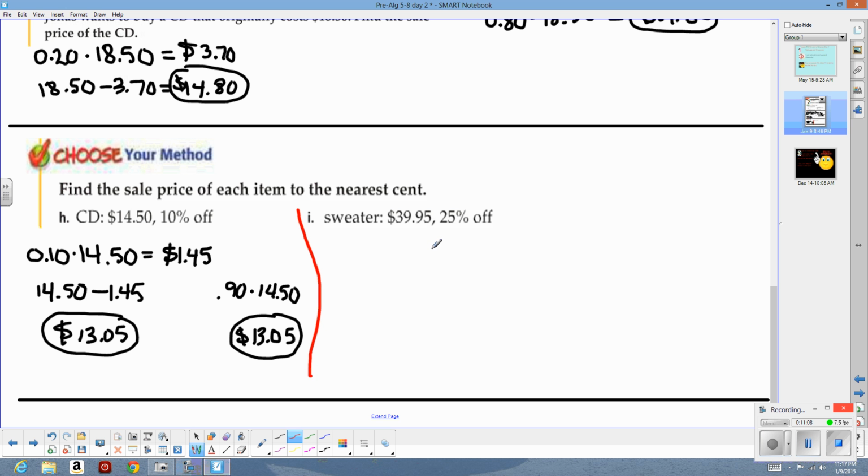If the sweater is $39.95 and it's 25% off, to find the selling price, you could figure out 25% of $39.95. So that's going to be about $9.99.